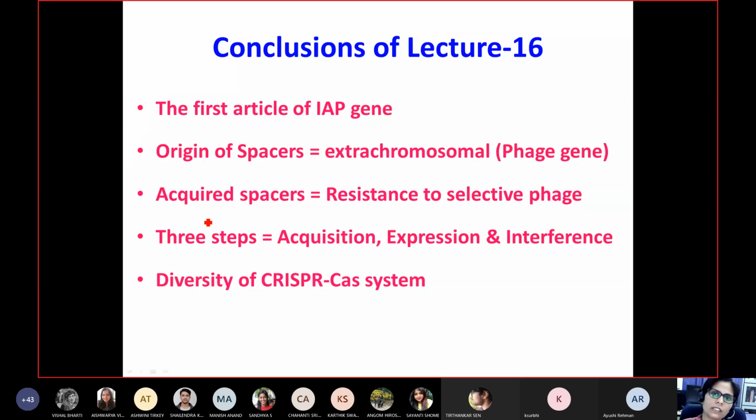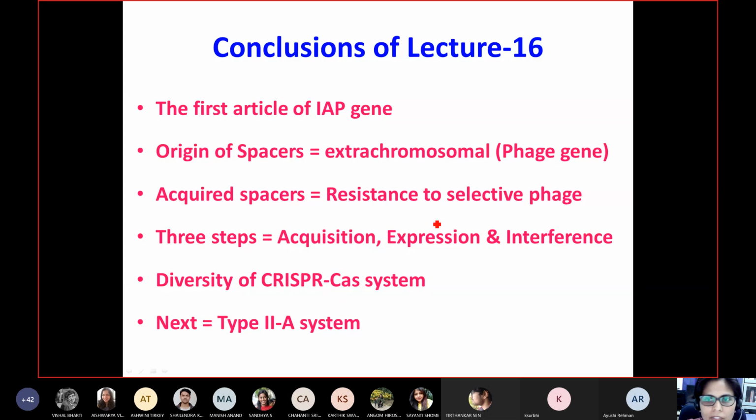The experimental system was shown by the Barrangou lab, who showed beautifully that acquisition of a particular cognate spacer from the phage is able to give them protection against it. And at the end of the slides, we have seen the diversity of CRISPR-Cas systems. Many different subtypes and types give you the diversity, so that you can target either DNA or RNA.